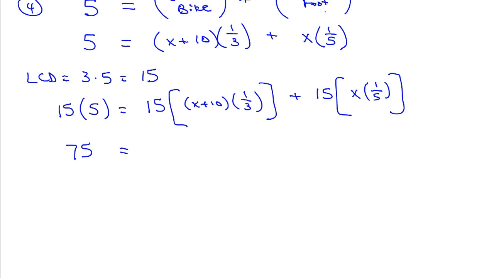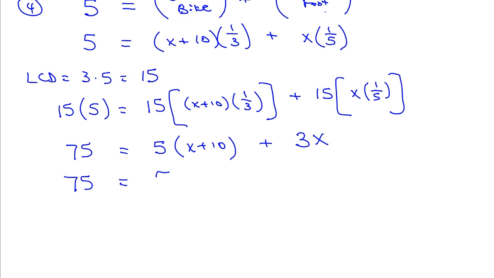So we have 75. On the right side, 15 divided by 3 is 5. So we have 5 times x plus 10. And on the right side, second term, 15 divided by 5 is 3. We have 3x. Distribute the 5 in the middle here.